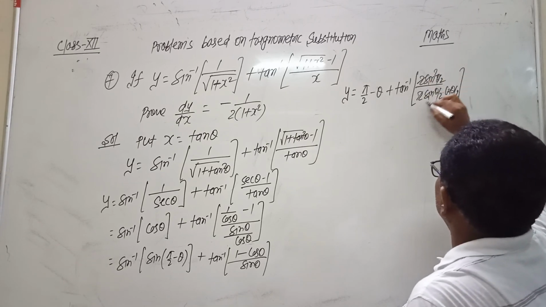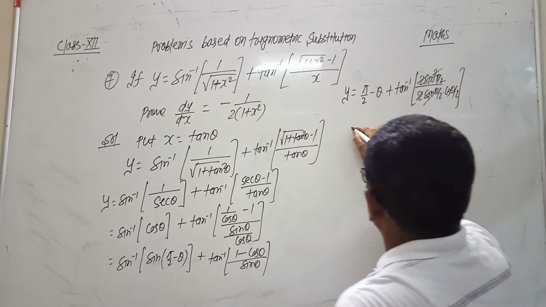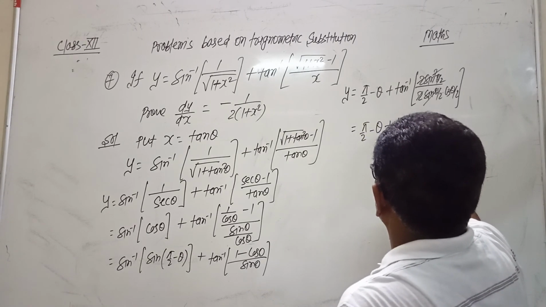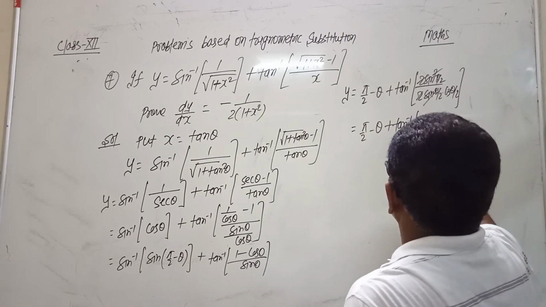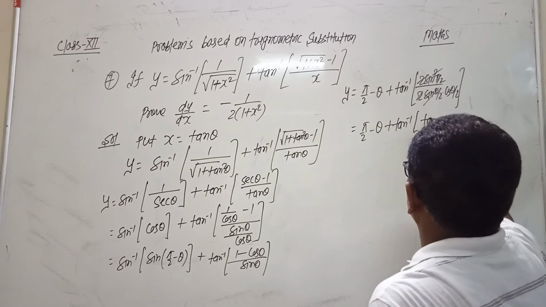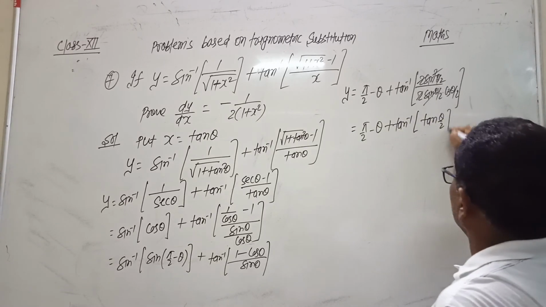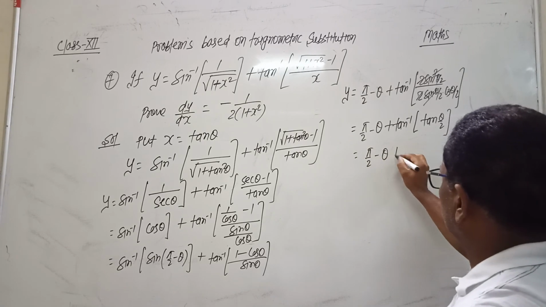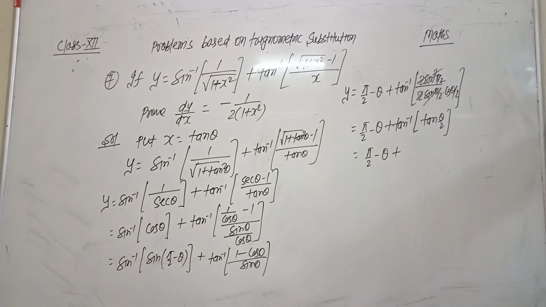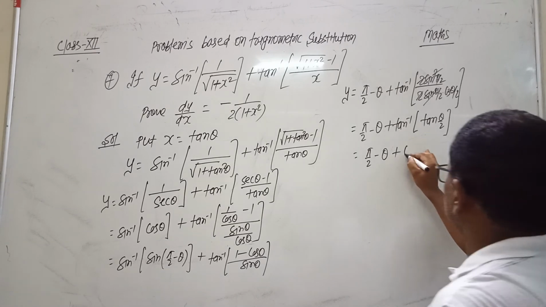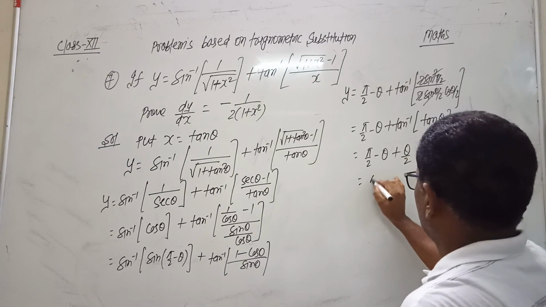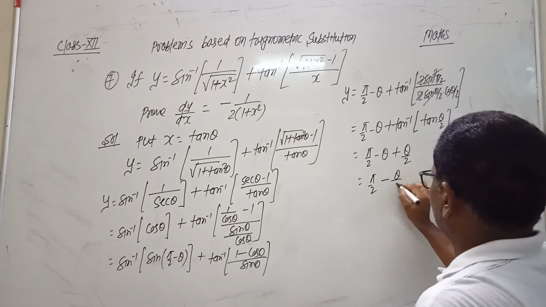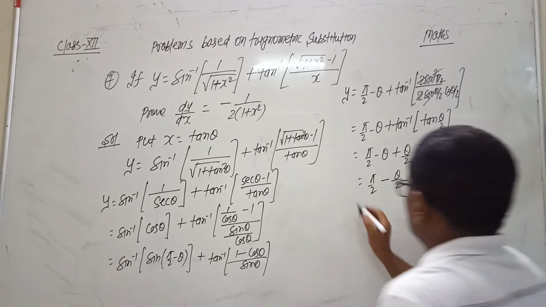So 2 and 2 cancel, one sine theta by 2 cancels. So the result is pi by 2 minus theta plus tan inverse of sine theta by 2 upon cos theta by 2. It gives tan theta by 2. So pi by 2 minus theta plus, tan and tan inverse cancel, and it remains plus theta by 2. So pi by 2, theta by 2 minus theta gives minus theta by 2.